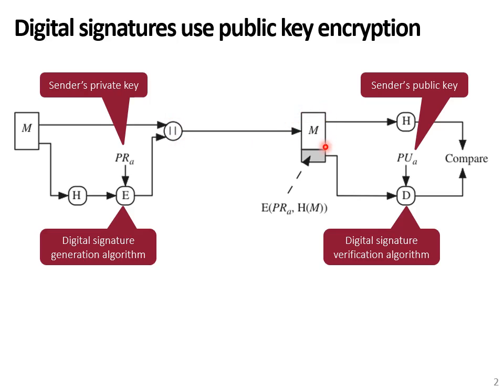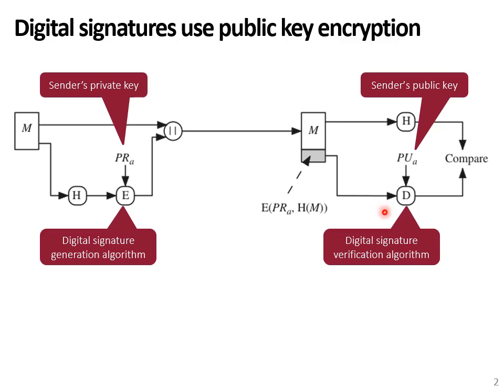The receiver will then not only receive the message M, but also this signature. The receiver can verify the signature by taking a hash value of the message M and comparing that to the decrypted hash value of the signature.